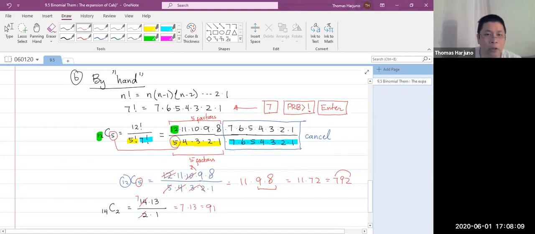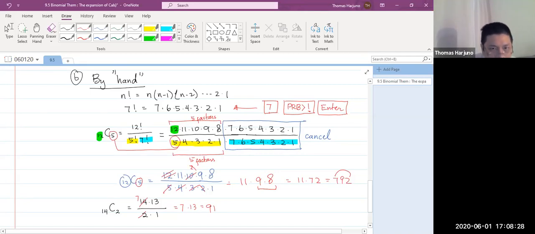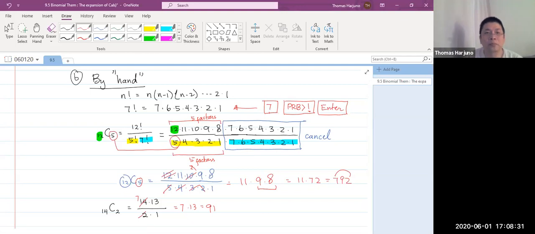So if you happen not to have your calculator handy, then the manual method may be better, in the sense that it's efficient and effective. But if you ask me 14 combination 5, I get my calculator.